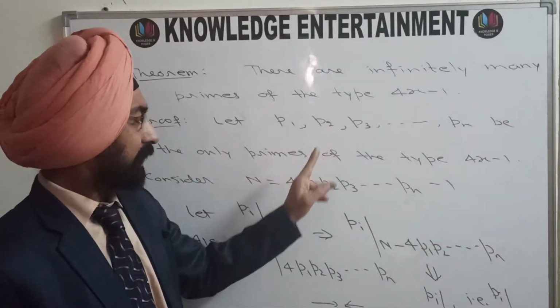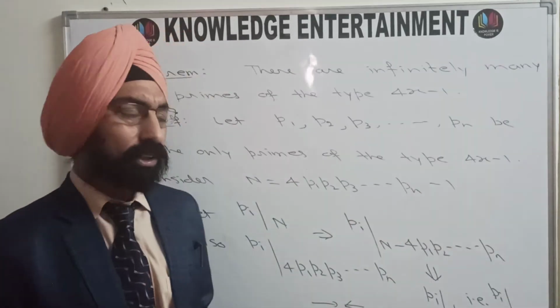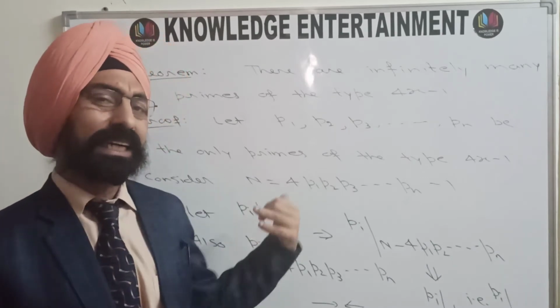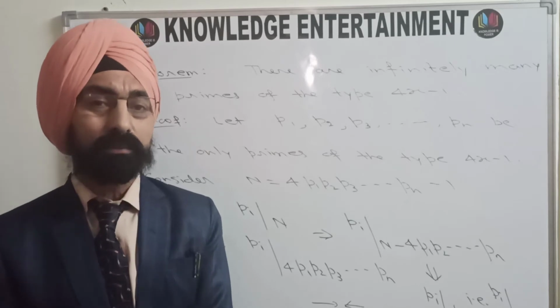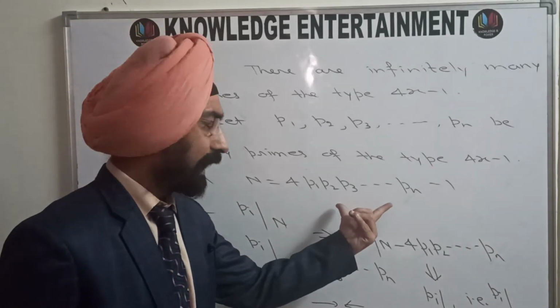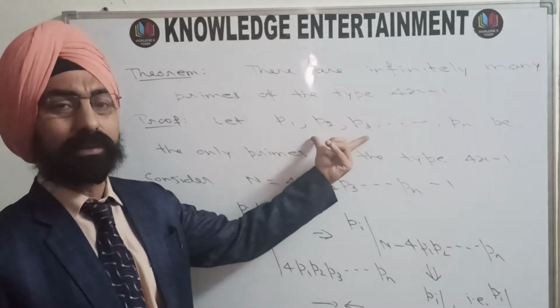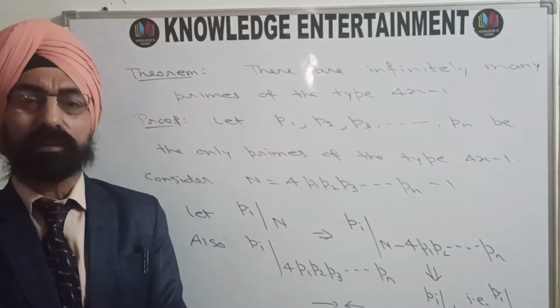This n is greater than p2 because n is 4 times the product, which includes p2, minus 1, and so on. So this n is greater than each of the pi's, and n is a prime number of the type 4x minus 1. But we have supposed that all the prime numbers of the type 4x minus 1 are in this list. So once again we arrive at a contradiction.